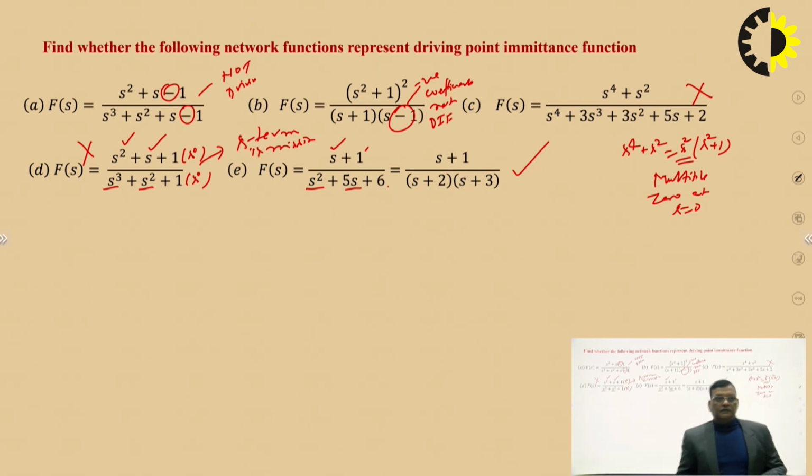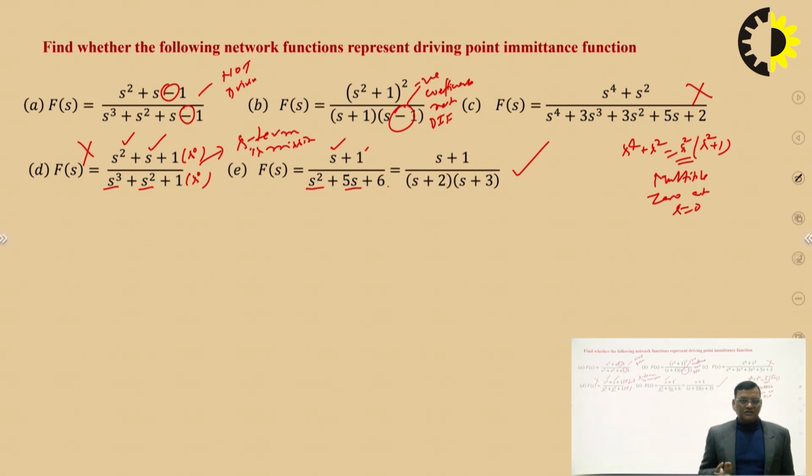So now I stop here, and in the next video lecture we will start with the steady state response from the pole-zero plots. What we have learned here is the concept of poles and zeros.